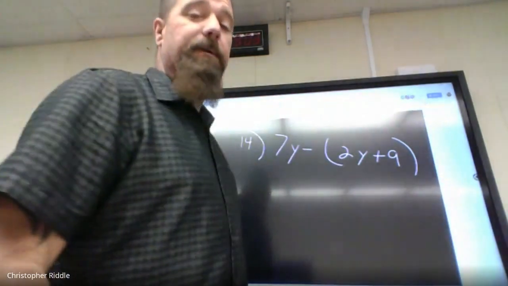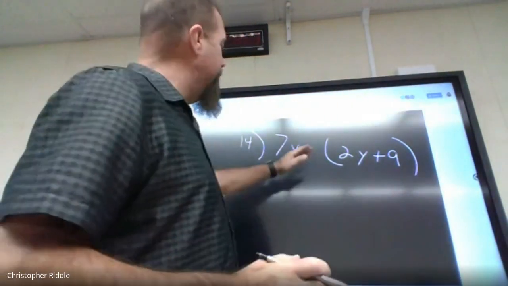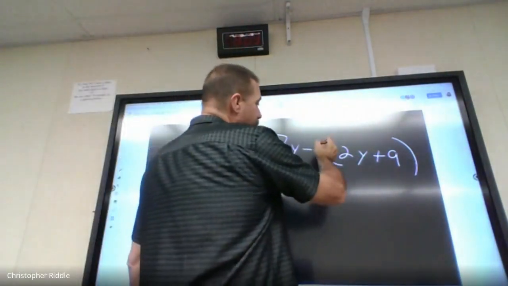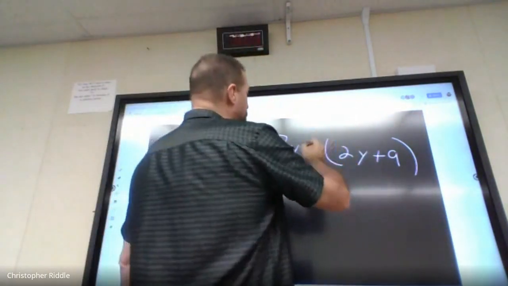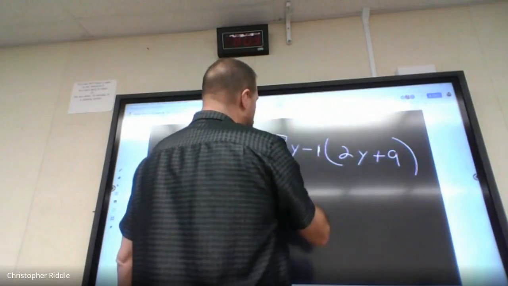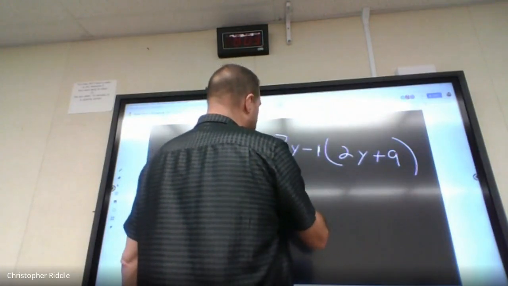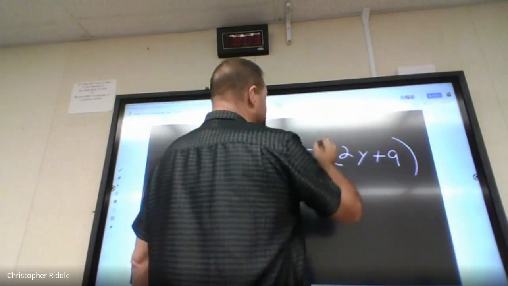So the first thing we're going to do is exactly what we've been doing. We're going to add our assumed negative 1 here, and we're going to clear these parentheses, right? What we're not going to touch right now is the 7y and the minus. Whatever we don't touch, we bring back down into our equation.